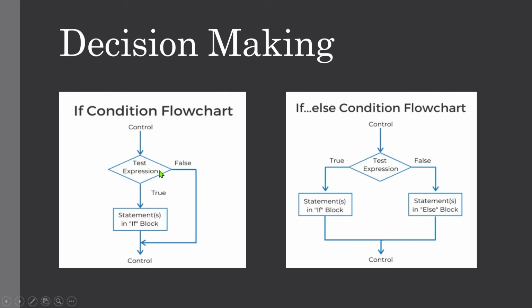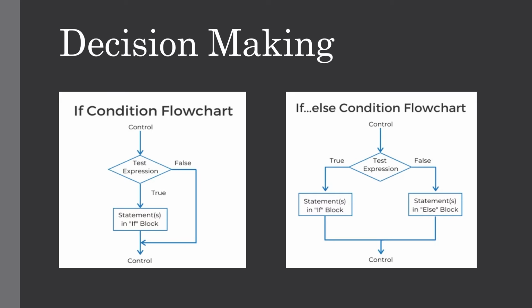Initially we calculate the test expression. If this test expression is true, then we execute a particular block of statements, and if the condition is false, then we don't execute this block of statements, and the control directly skips these statements and executes the further statements of the program.